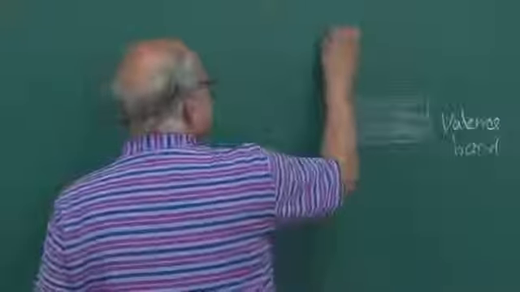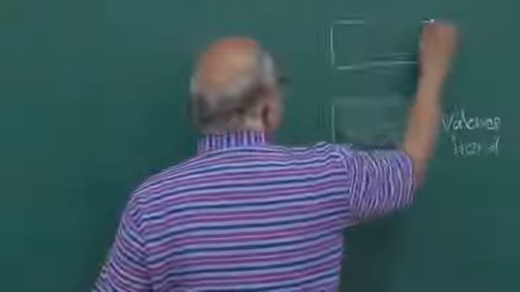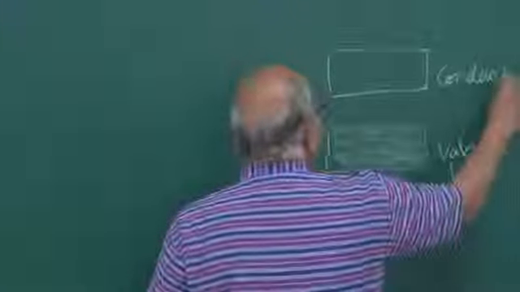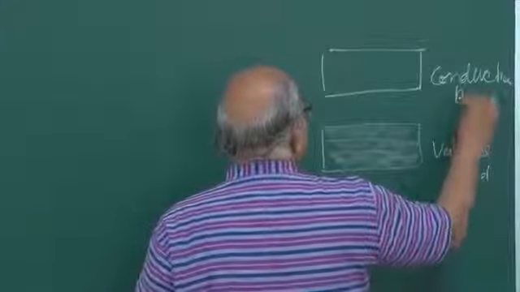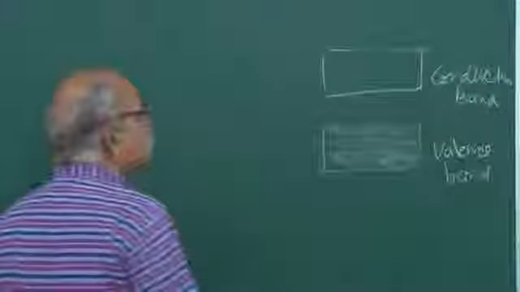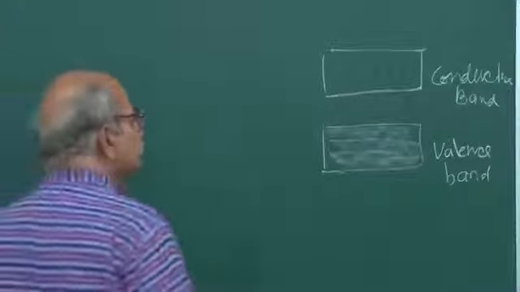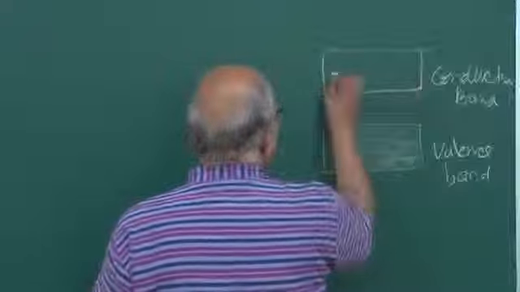And then next is the conduction band, which is not completely filled. It can be completely empty or it can be partially filled. So one variety is where it is partially filled.